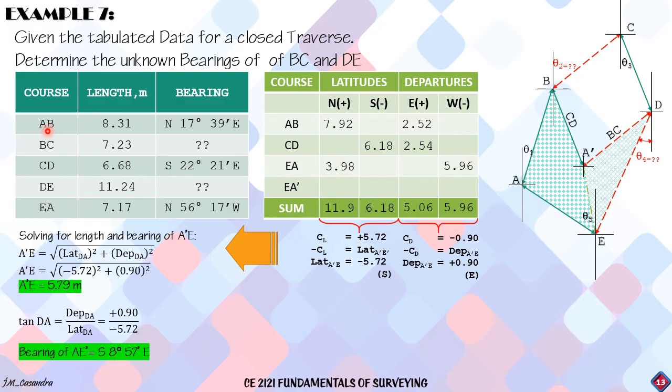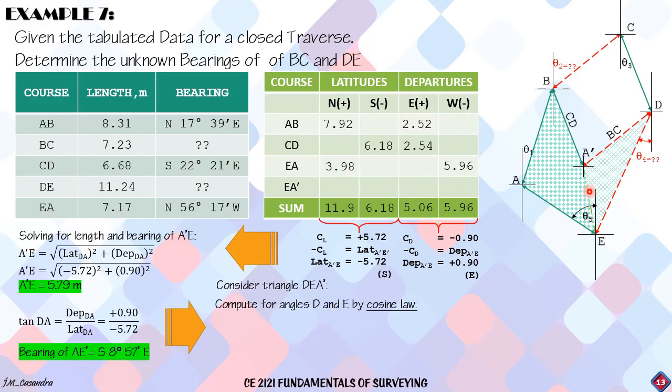So once you have solved for the closing line, again we move on to the triangle formed by the two unknown sides and your closing line. So this figure will be D E A prime. With this, we can now solve for the angles, angle D and angle E. We use cosine law since we know the sides.